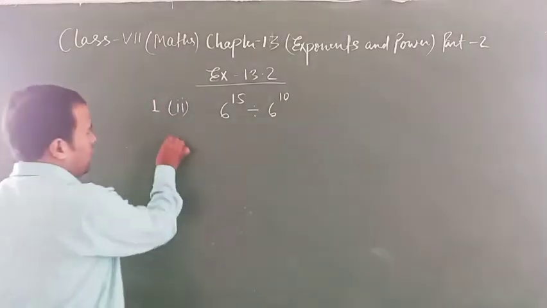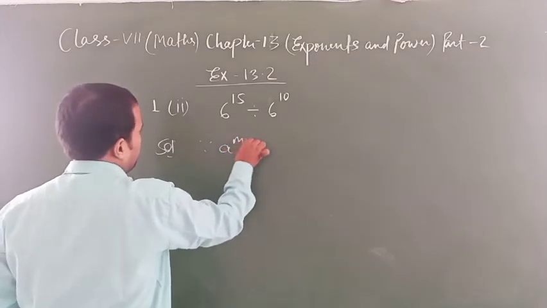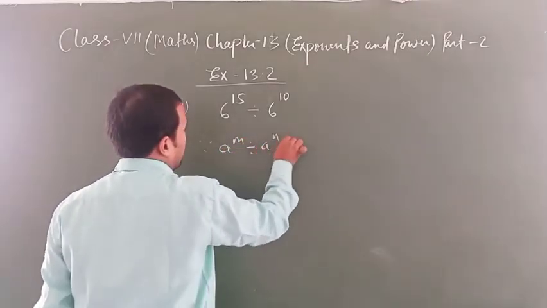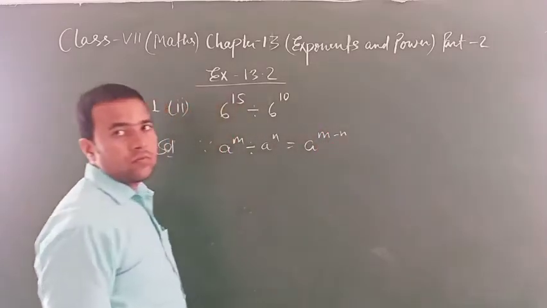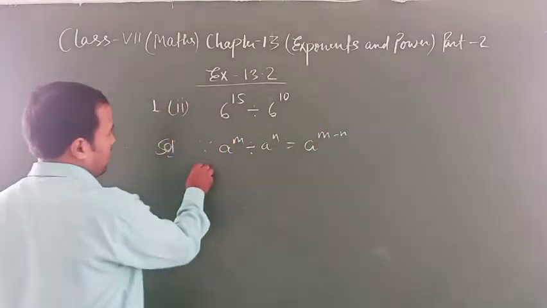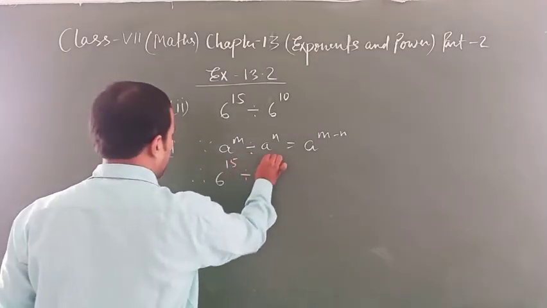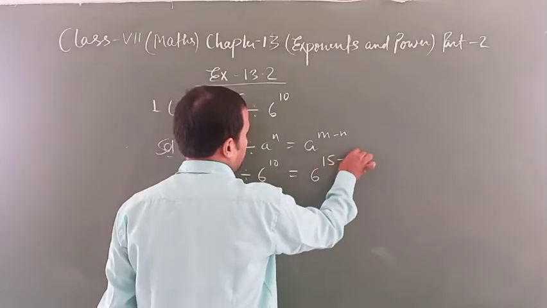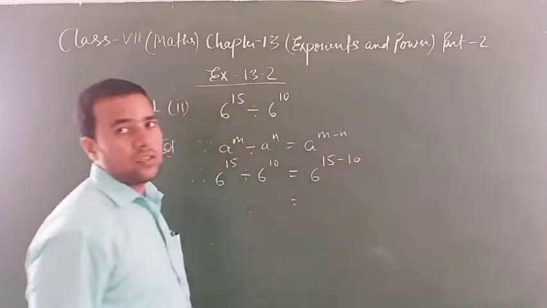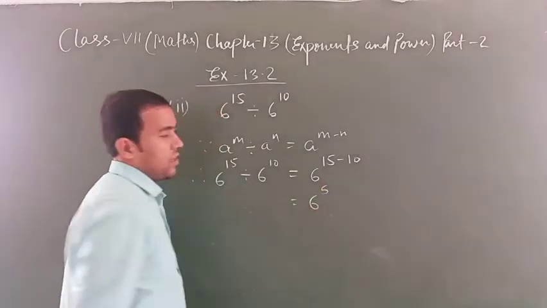So this formula: a power m divided by a power n equals a power m minus n. Therefore, 6 power 15 divided by 6 power 10 equals 6 power 15 minus 10. Clear? Means 6 power 5.